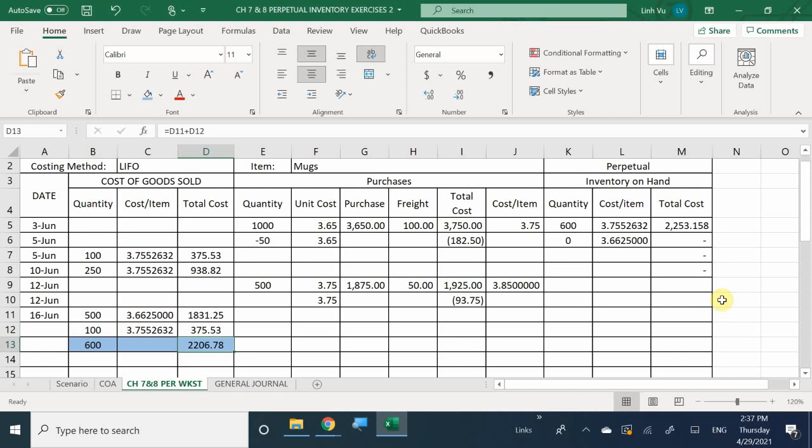Okay, so there you go. Round up to 53. So once again, now I should have a grand total of my cost of goods sold to reflect as $2,206.78.